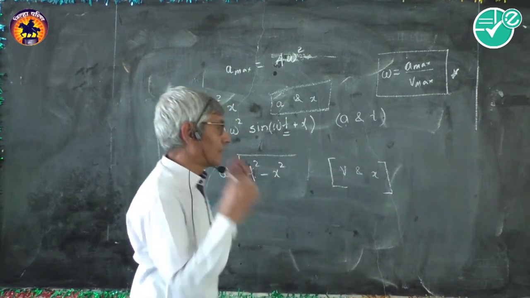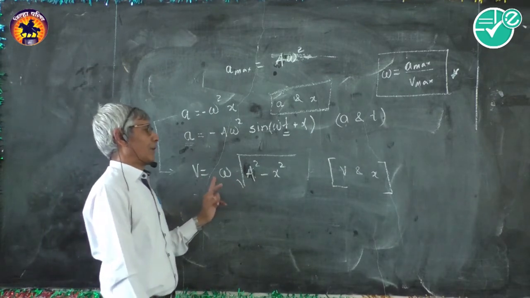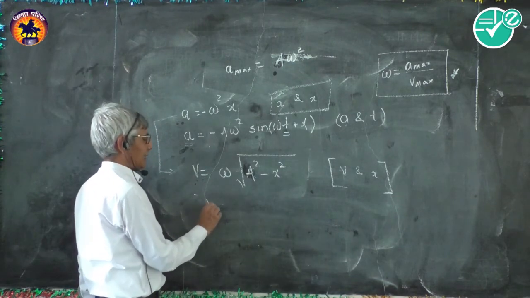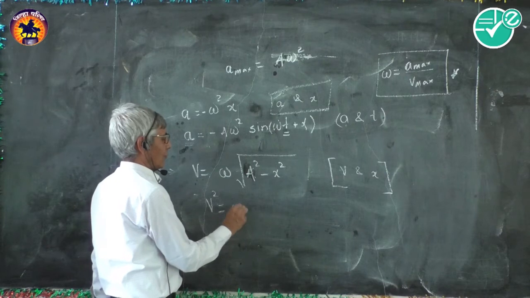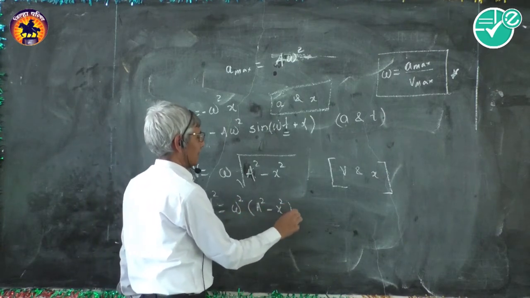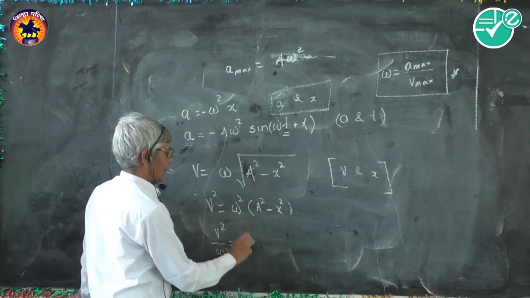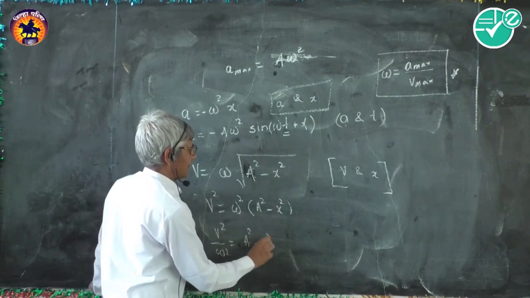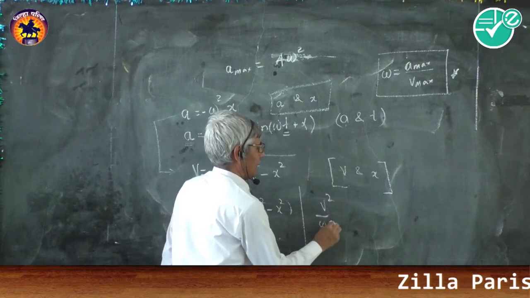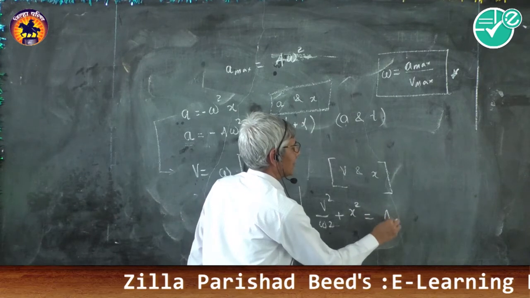Now second, in order to represent the variation of the velocity with respect to displacement, we will rearrange this equation as v square equal to omega square in the bracket a square minus x square, or v square by omega square is equal to a square minus x square, or v square by omega square plus x square is equal to a square.